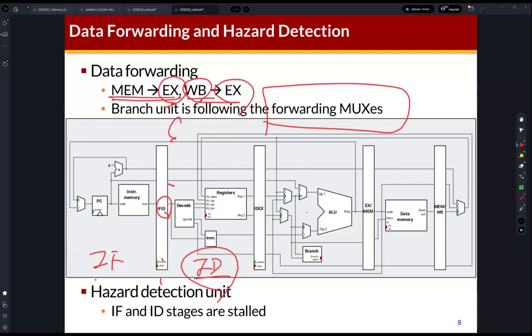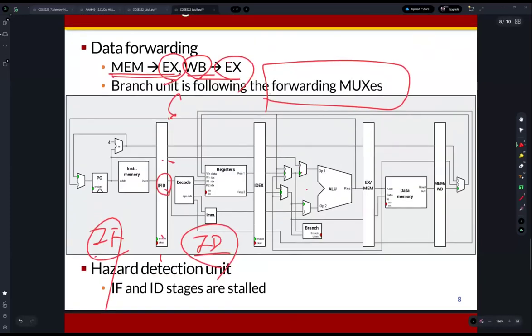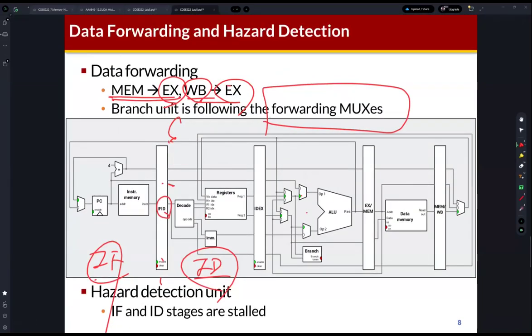I already explained how this pipeline register works in the hazard case. But you also need to implement the pipeline stall in the instruction fetch stage. This can be the tricky part.